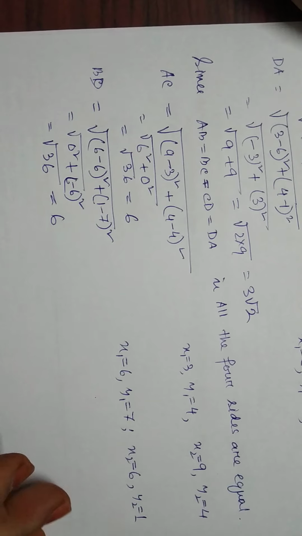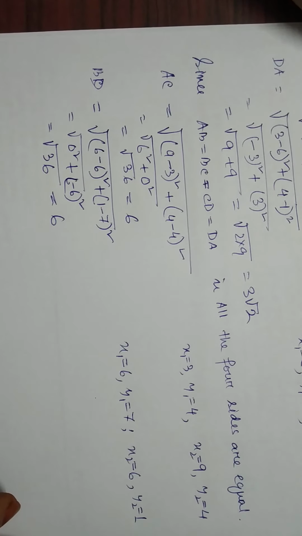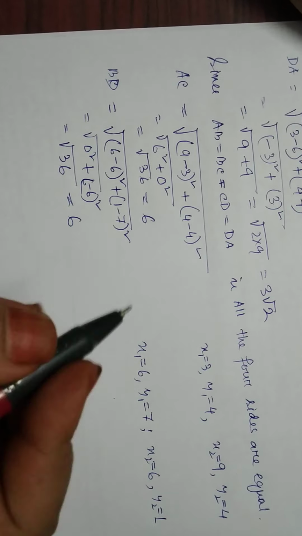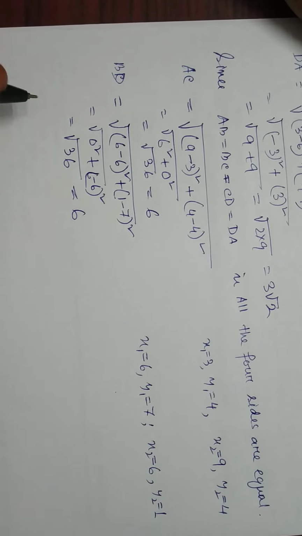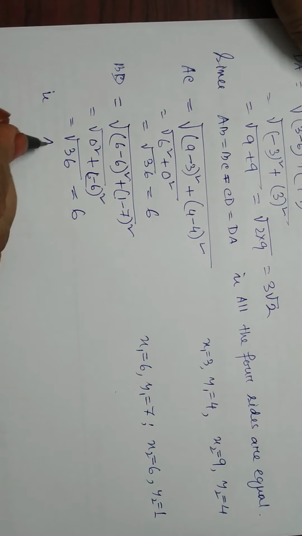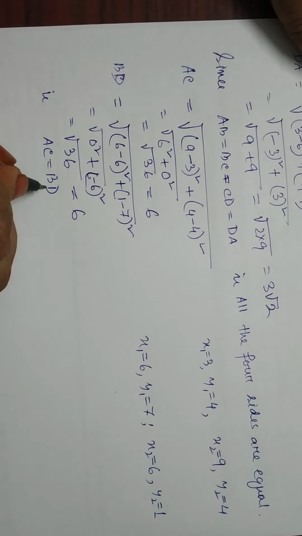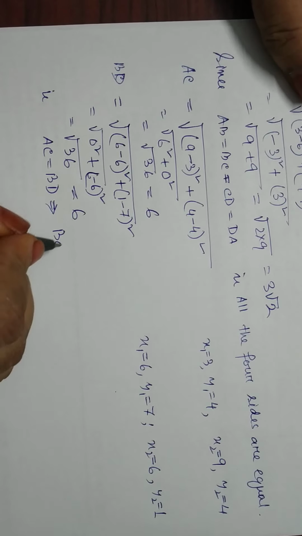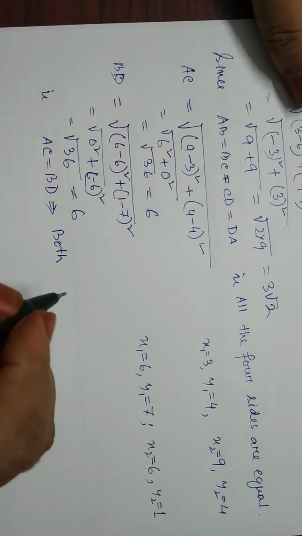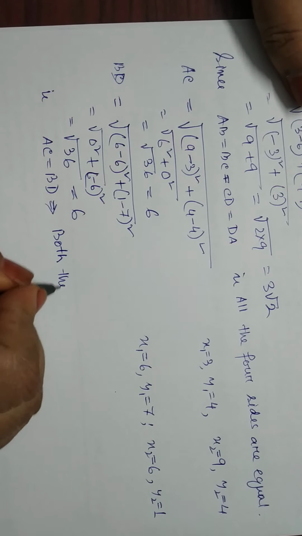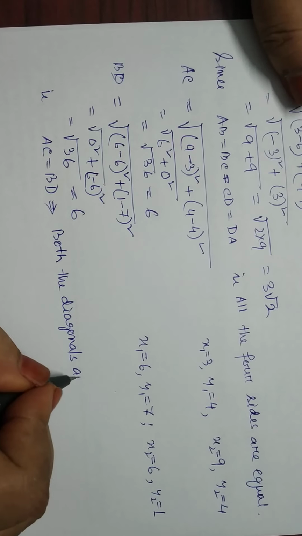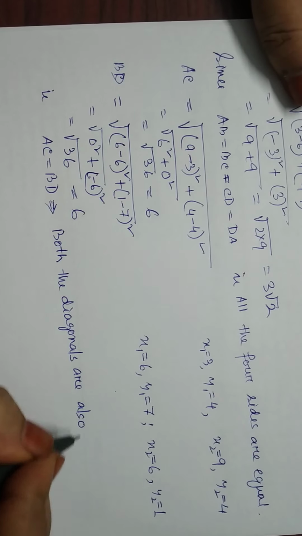That means here all sides are equal and diagonals are equal. Therefore it will be a square. Now here we have to write AC equal to BD. This implies both the diagonals are also equal.